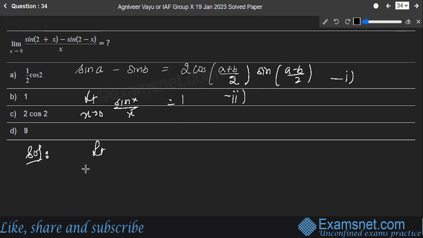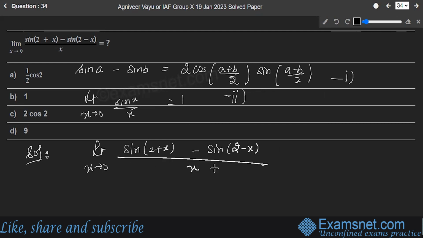You have to find out limit x approaching 0, sine of (2 plus x) minus sine (2 minus x), whole divided by x, is equal to what?